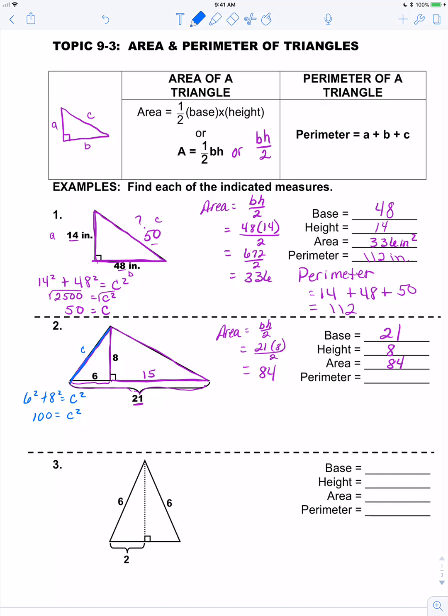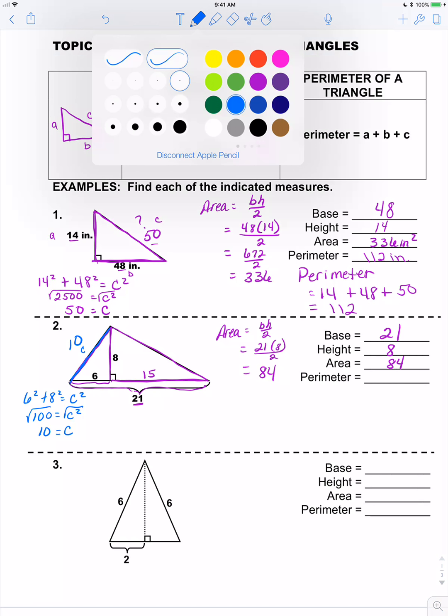That's equal to C squared. Okay, so remember 6 squared is 36 and 8 squared is 64. And so you're adding those two together. You guys can use a calculator for that if you need to. So C, take the square root of both sides. So the square root of 100 is 10. So that side is 10.